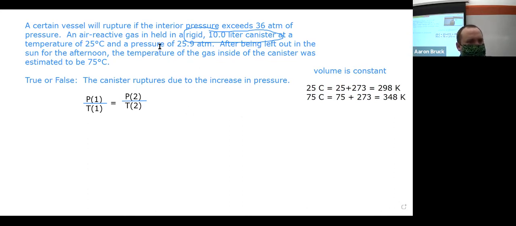And so if we took the initial pressure, 25.9 atmospheres over 298 Kelvin is equal to our unknown pressure over 348 Kelvin.